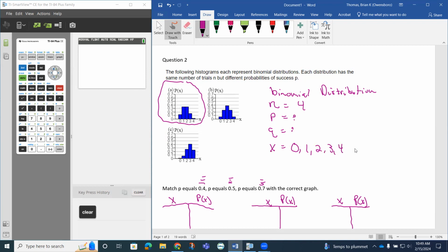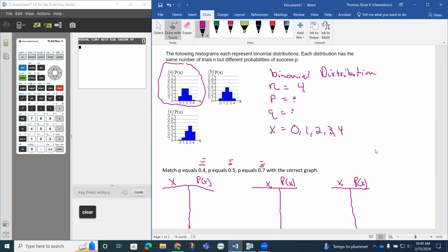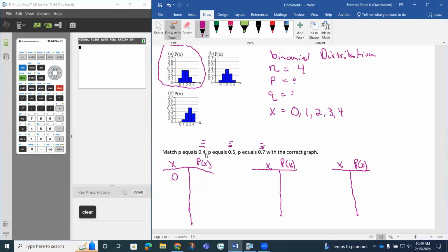When we make our binomial distribution table, basically we have our 0 here, and we want to find the probability of 0 successes. For this table, let's use 0.4 as our probability.